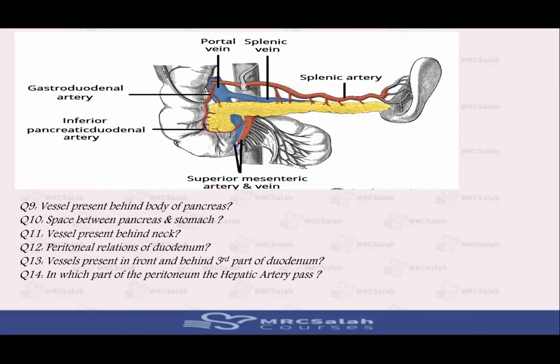No. You got the answer, but I want it to be more accurate. The left gastric artery is a direct branch from the celiac trunk, and it supplies the lesser curvature. What else?